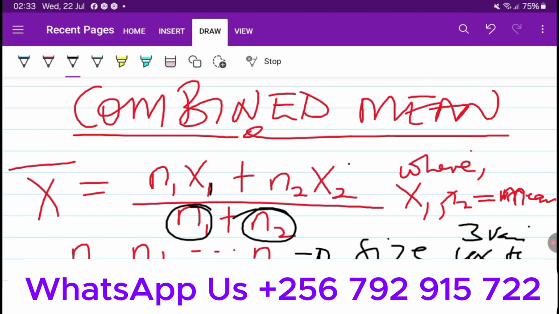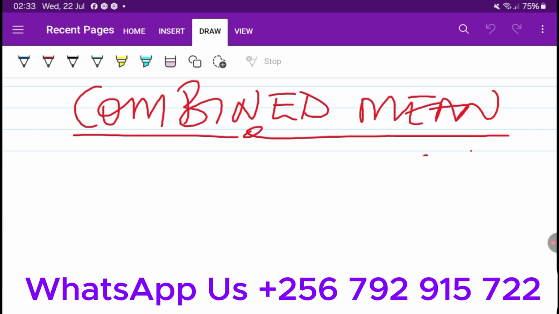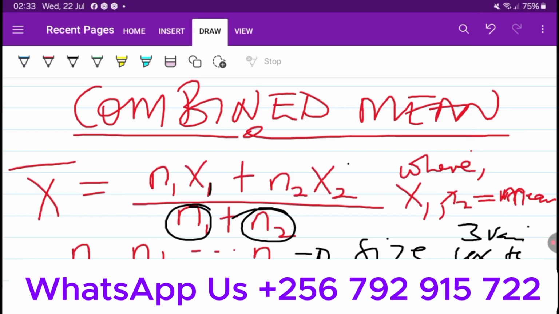This one I combined because it is more of the simplest things that we encounter, because I told you the basic ones were the mean, mode, and the median. But even these ones are also examined, though they are very easy.